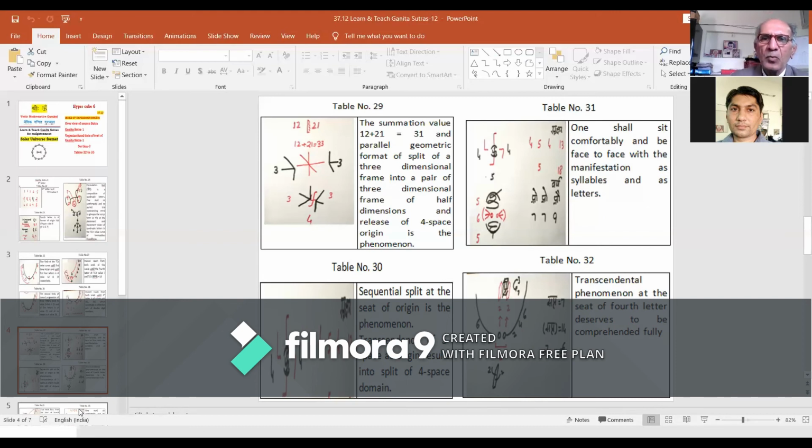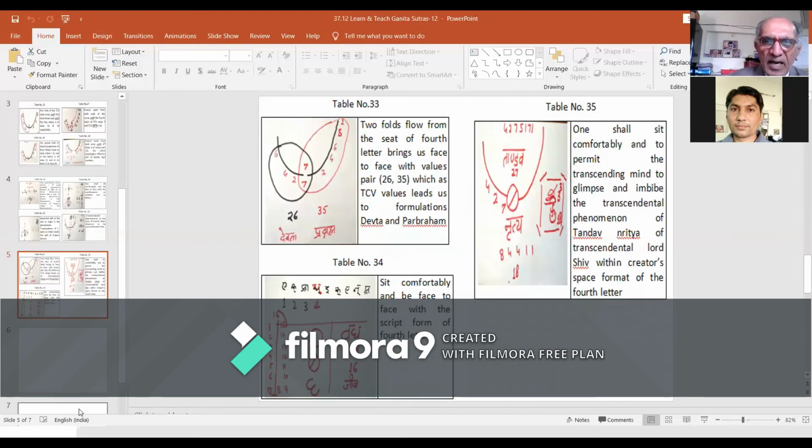Ahead, we will have a reach to the next phase and stage of attainments of the Vedic mathematical domain.